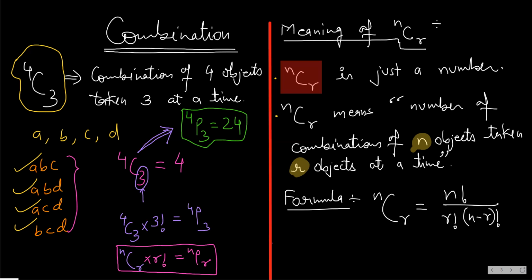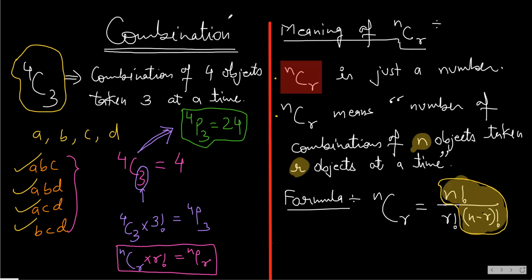Or simply you can do that even in this where you have written the formula. As you know, n factorial upon n minus r factorial. What is this? It is nPr. You all know that this part is nPr.